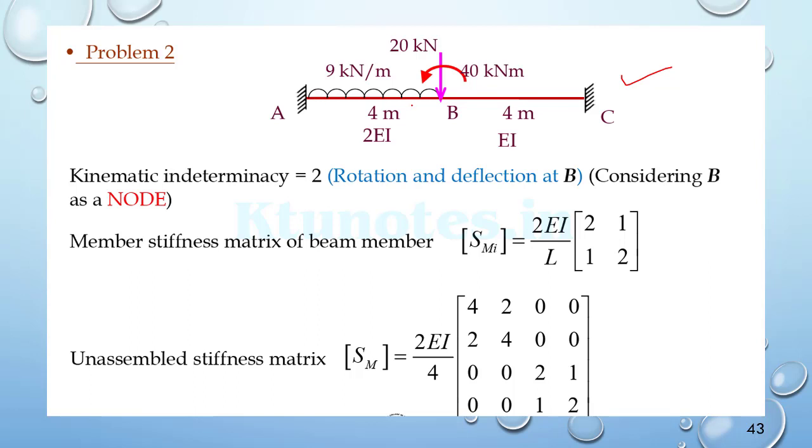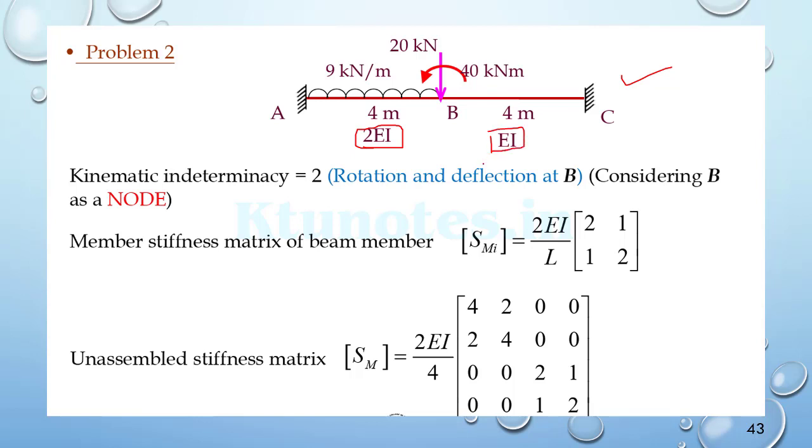On the left side a UDL of 9 kilonewton per meter is acting, and the forces are 20 as well as 40. Note that for this beam it is 2EI, and for the right beam it is EI.